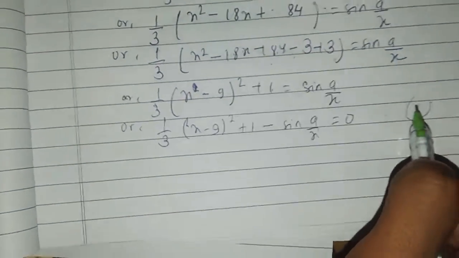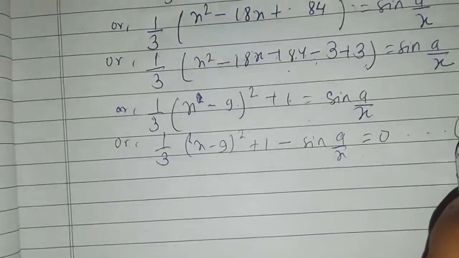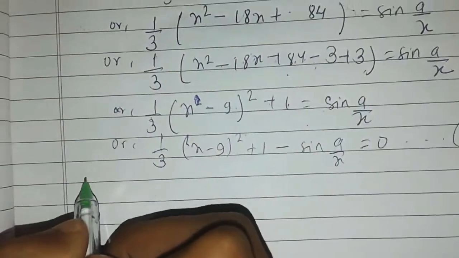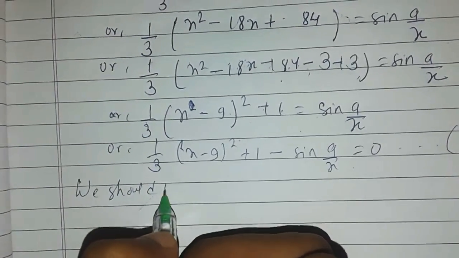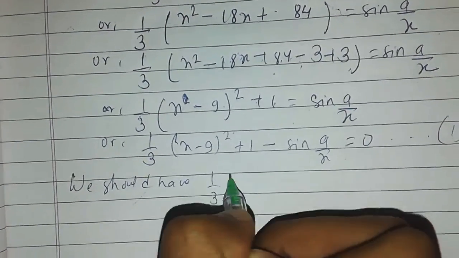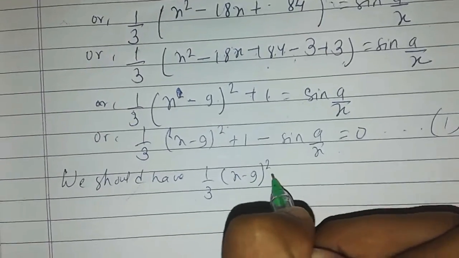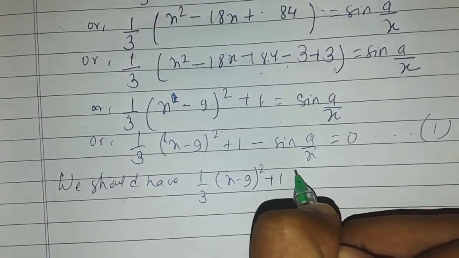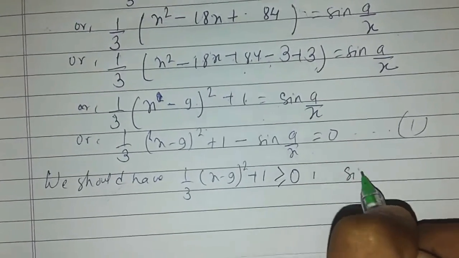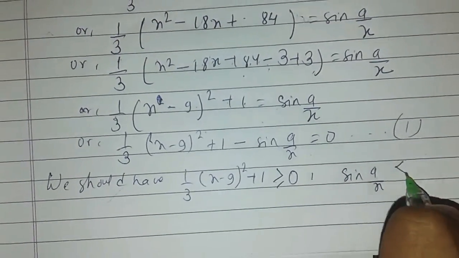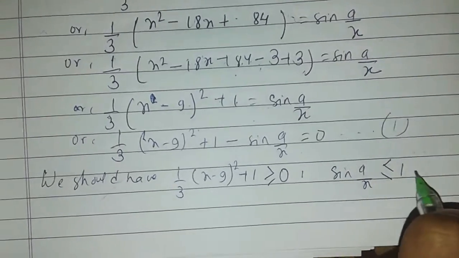For this to be 0, we know that we should have 1 by 3 of x minus 9 whole square plus 1 greater than or equal to 1, while sin a by x must be less than or equal to 1.